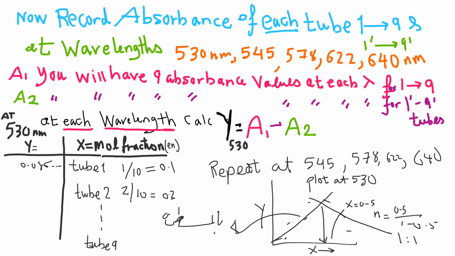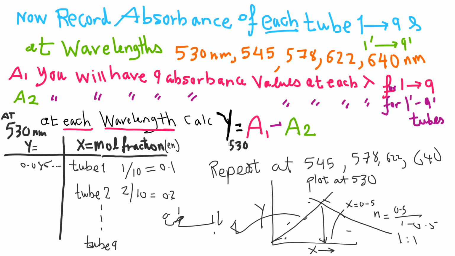The point of intersection gives you X. Now X is the mole fraction at which the maximum complex occurs at 530 nanometer. For example, assume X equals 0.5, so n equals 0.5 divided by 1 minus 0.5, which is 1. So for example, here you have a 1-to-1 complex.